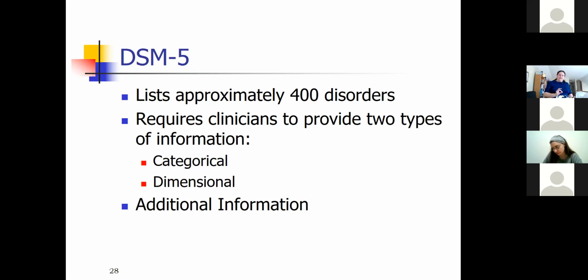And the DSM-5 revision is interesting because it adds an element. We always had to give a categorical diagnosis, right? Once you give someone a diagnosis, it puts them in this category of people who are diagnosed with major depressive disorder, for example. But you also now have to do a dimensional component as well.